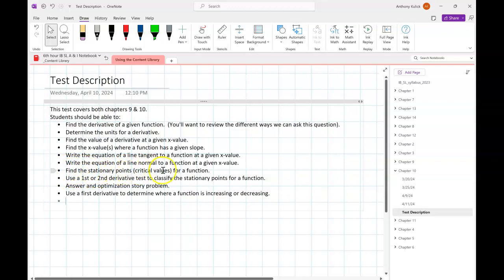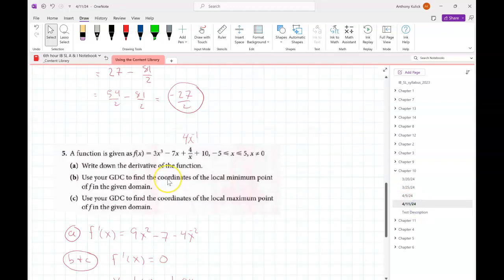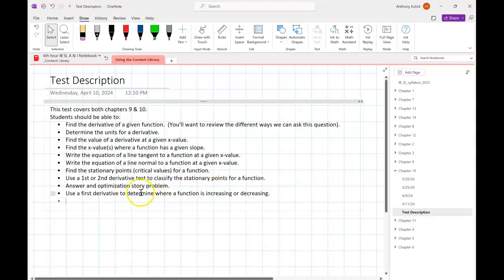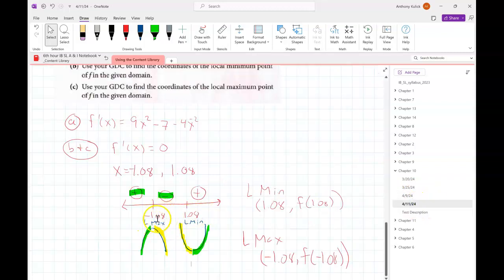So we found the stationary points. That's what we did right here for this last one. Our stationary points were negative 1.08 and positive 1.08. Those are the values where the derivative is 0. We did a first derivative test here to classify those stationary points. That's how we were able to figure out negative 1.08 and positive 1.08 were local max and local min specifically.